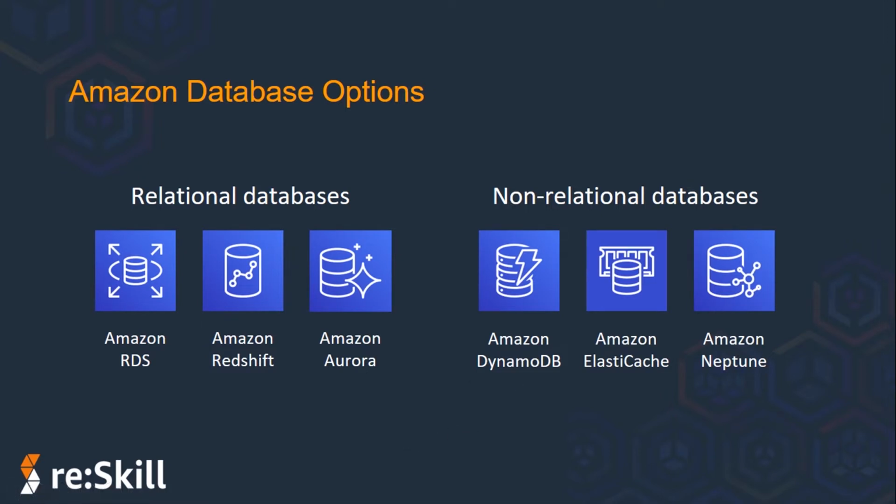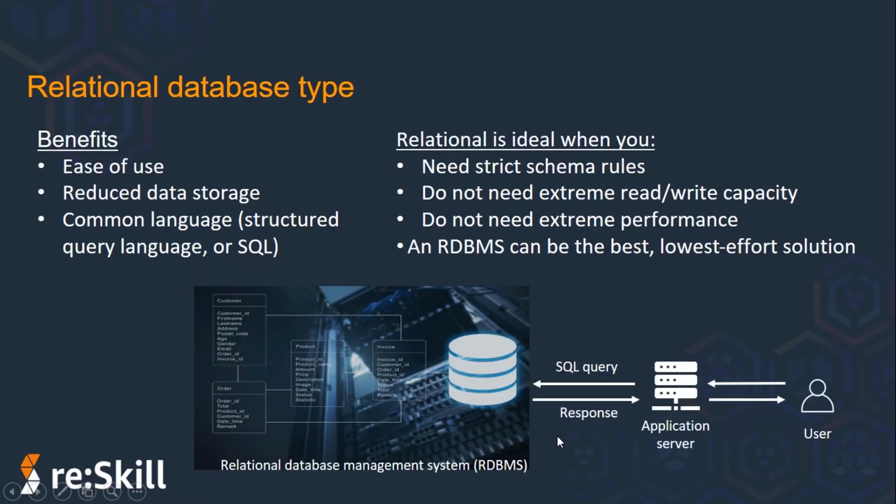Among the more commonly used AWS relational database offerings are Amazon RDS, Redshift, and Amazon Aurora. And similarly, some of the more commonly used non-relational databases are Amazon DynamoDB, Amazon ElastiCache, and Amazon Neptune. So we are going to discuss a few of them in today's video.